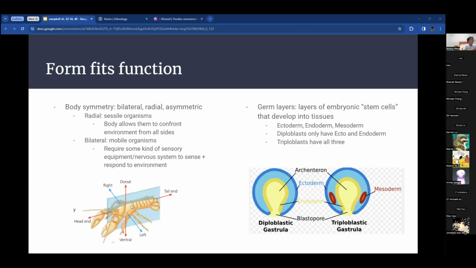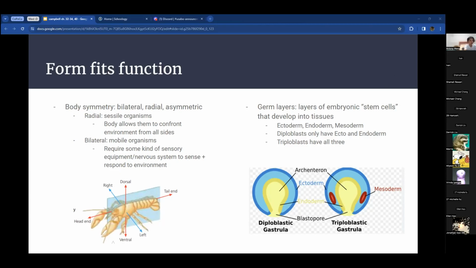Now let's talk about germ layers. Germ layers are apparent in the embryo, and they develop into a variety of different tissues. Every embryo has germ layers, but what's different is the number of germ layers.